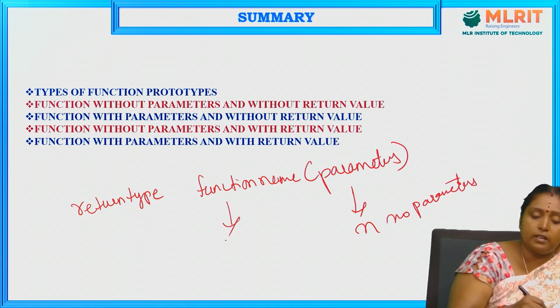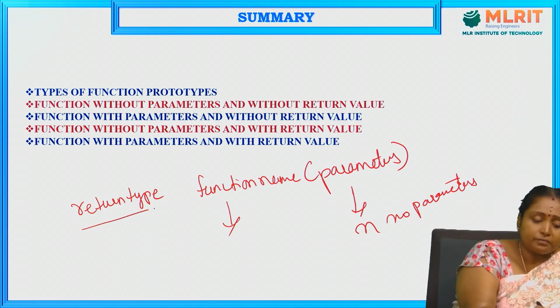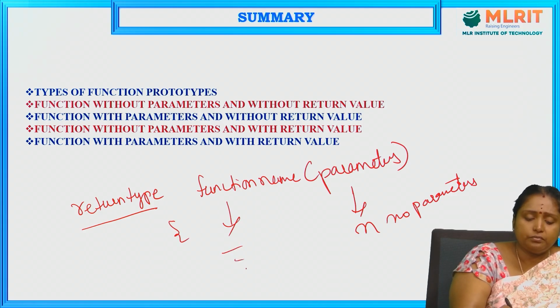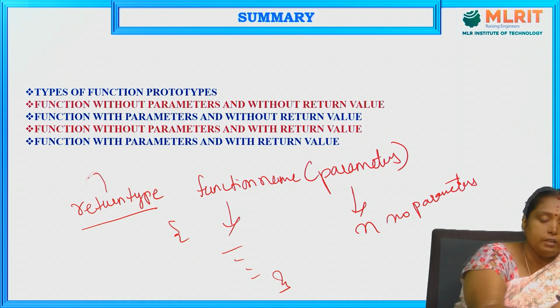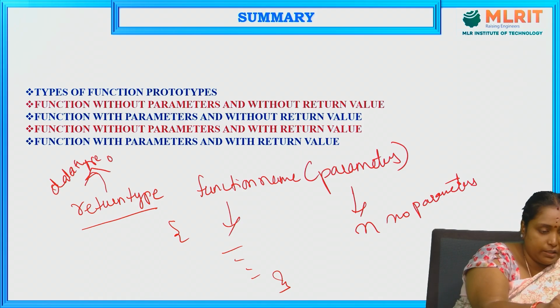The function name is the name of the function, which should follow the rules for a variable name. After completion of the task, if you are returning some value, you have to give the data type of the return value, which is returned back to the calling function.